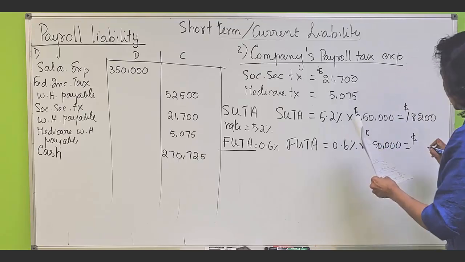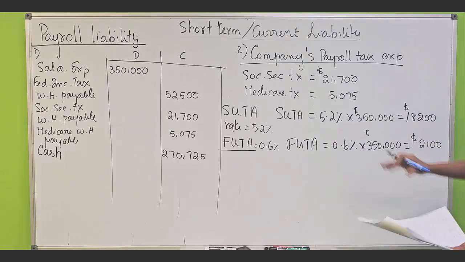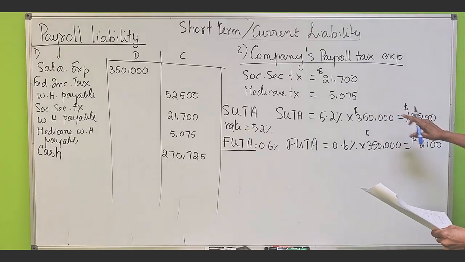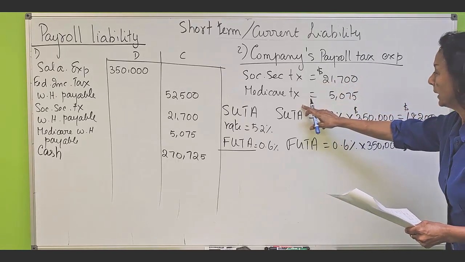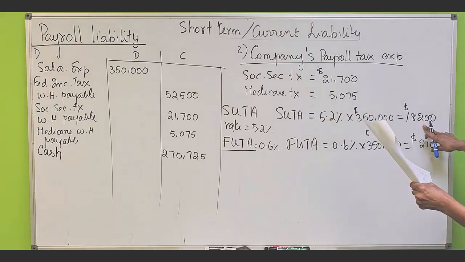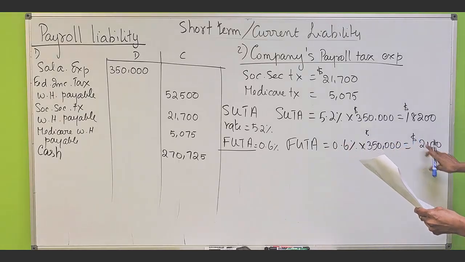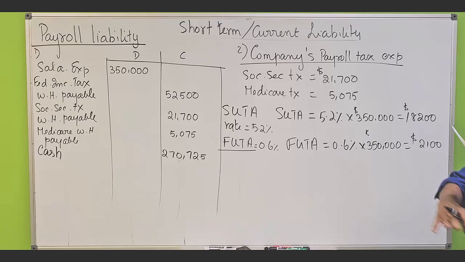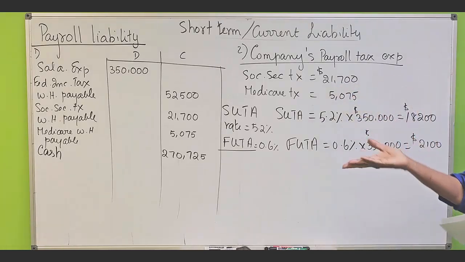That equals 2,100. So here the total company's payroll tax expense is Social Security tax 21,700, Medicare tax 5,075, state unemployment tax 18,200, and federal unemployment tax 2,100. So this also has to be recorded, and all these amounts come from the company's pocket.